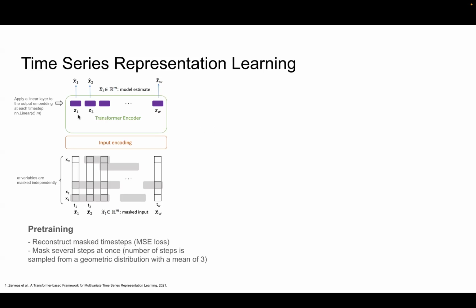Based on those Z1 to ZW, which are our output embeddings from the transformer encoder, we'll add an additional linear layer for each of those embedding vectors. The linear layer will try to reconstruct the original M variables.